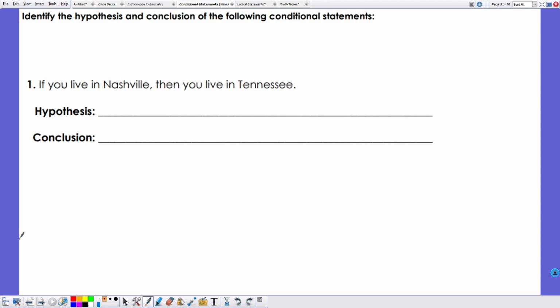So the hypothesis, again, is the phrase that follows if. So if you live in Nashville, that means that you live in Nashville is the hypothesis.